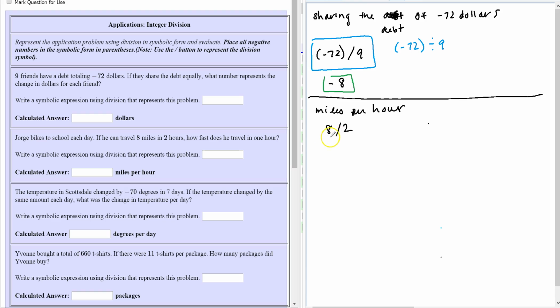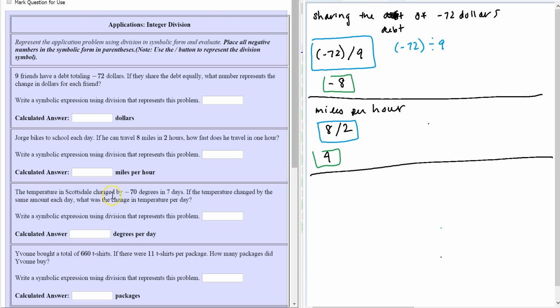Neither of these numbers are negative, so I can just put 8 and then the backslash and 2. And 8 divided by 2 is 4. So here our symbolic expression is 8 backslash 2, and our calculated answer would be 4 miles per hour. Let's look at the next one.